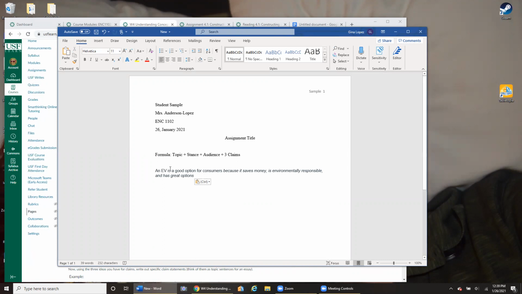We can see their topic to start. We can see their stance. They believe it's a good option. Red's not a great color for that, or it doesn't denote something good. And then we see the audience. They mention consumers and their 3 reasons, right?